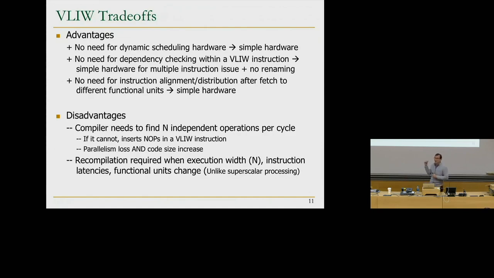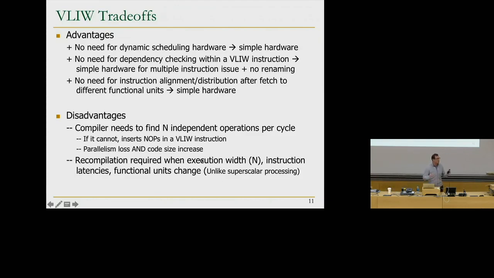Okay, so one other issue with VLIW is, if your philosophy is that your compiler needs to adapt the code to the machine, then you basically have to say that I need to recompile when anything in the machine changes, right? This is a price you pay because of the principled approach that you've taken.